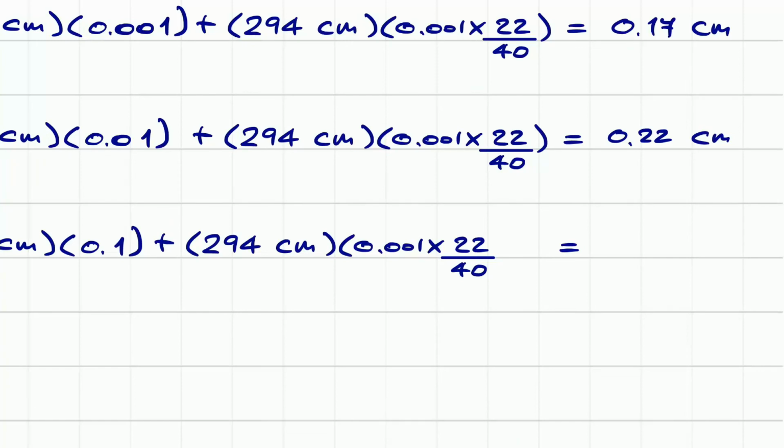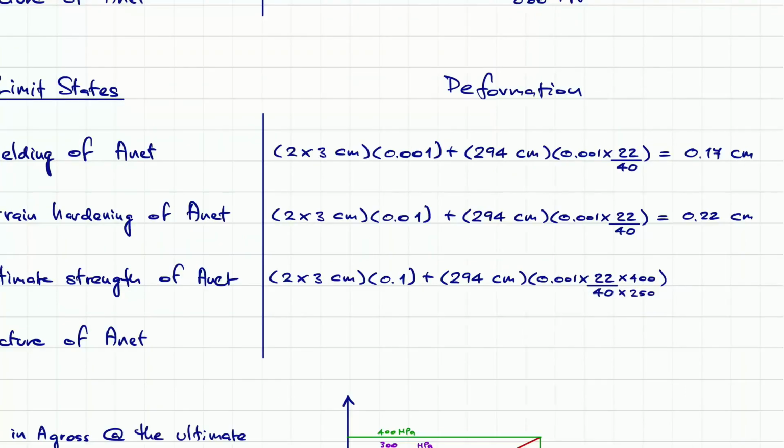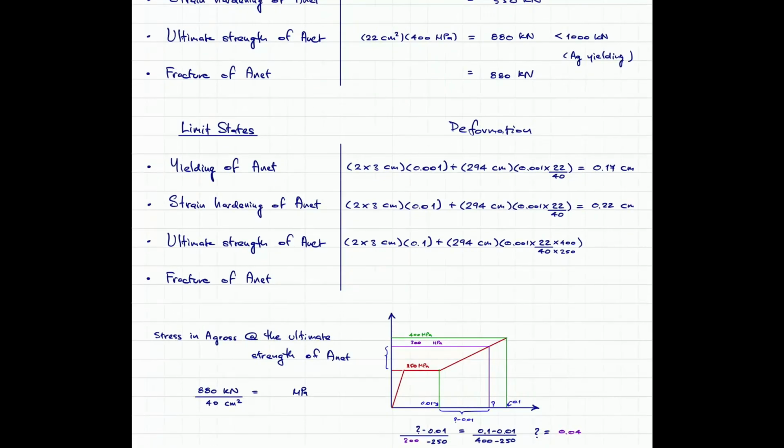You just need to put a bit more. So this is 22 multiplied by 400 divided by 40 to 50, right? Is that so?